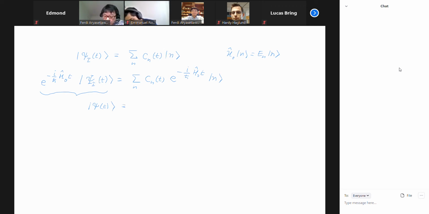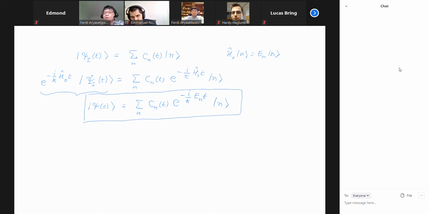And since |n> is an eigenstate of H0, this becomes c_n(t) exponential of minus i E_n t over h bar, times |n>. That's the general form of the time-dependent state.